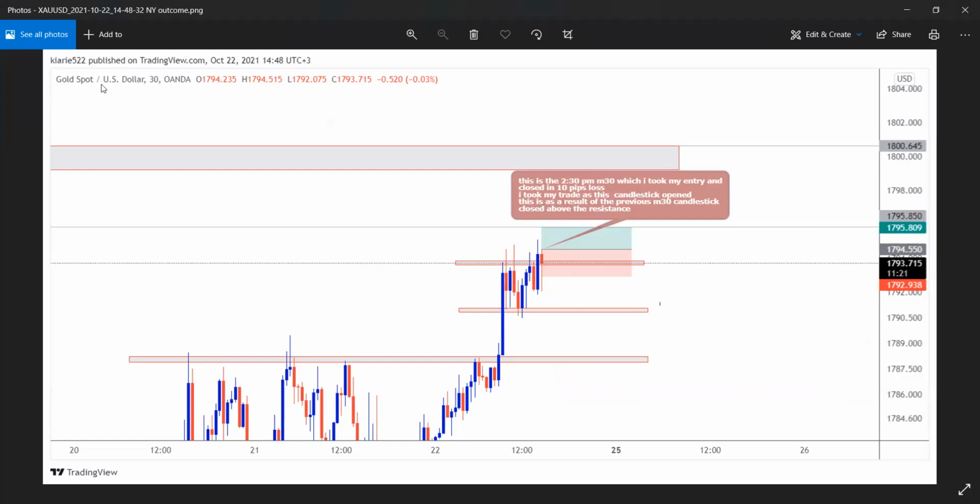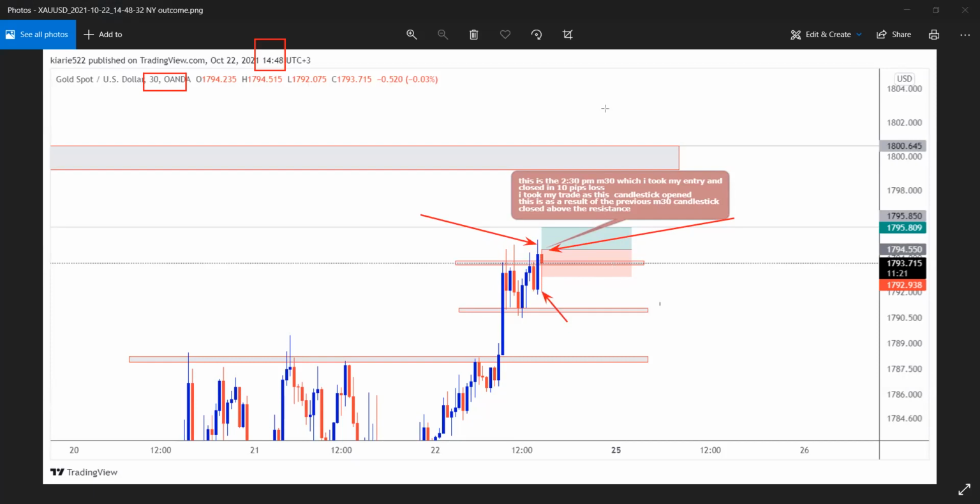So it was on a 30 minutes time frame. It was at 4:48 where this trade I took entries on gold when the previous M30 closed above the resistance.